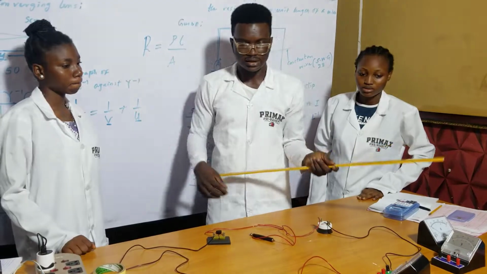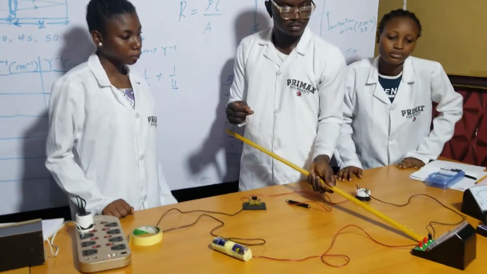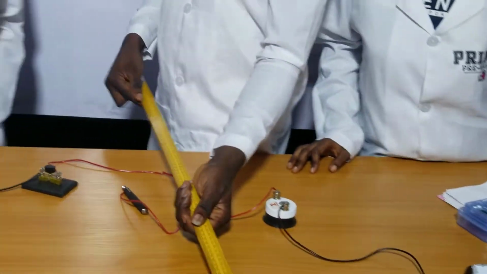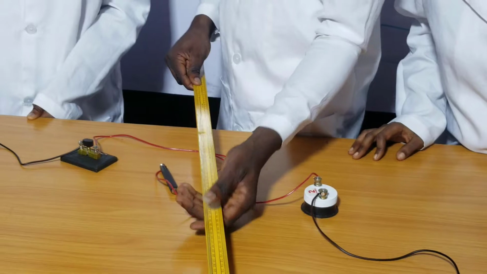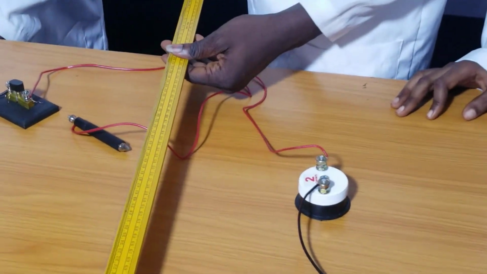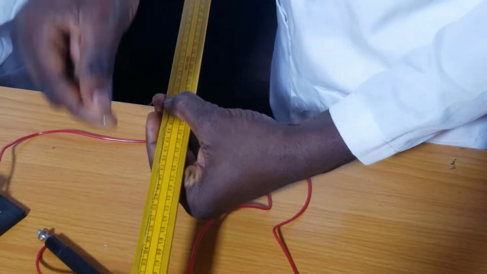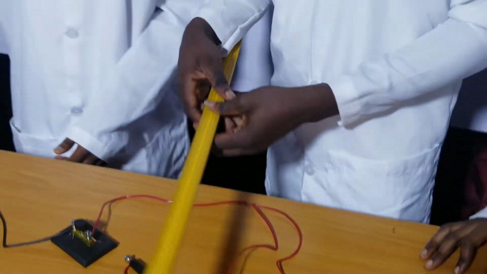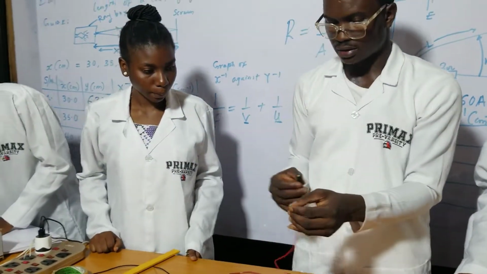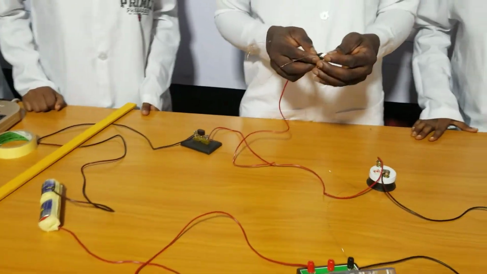0.8. So let's now put it at what length now? 70 centimeter. Just to make sure it stays. So at 70 centimeter now, this is our 70 centimeter, that point. While our key is still there, let's see what we have.